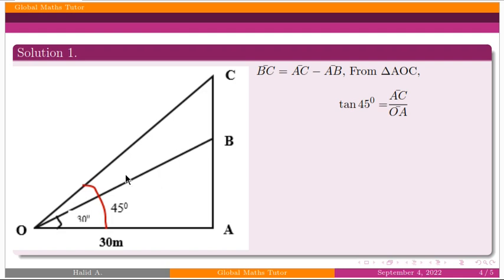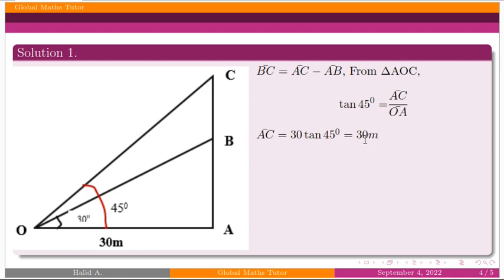So for the big triangle AOC, tan 45 will be its opposite side AC over AO. Crisscrossing it, AC can be found as AO times tan 45 degrees. OA is given as 30 meters, and tan 45 is 1, so 30 times 1 is 30 meters.